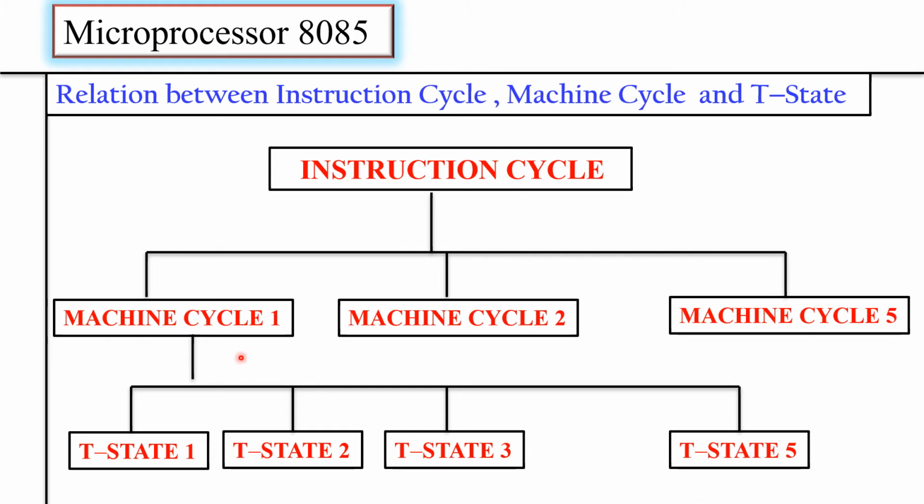Therefore, one instruction cycle consists of 1 to 5 machine cycles, and a machine cycle consists of 3 to 6 T states. Let us see these one by one in detail.